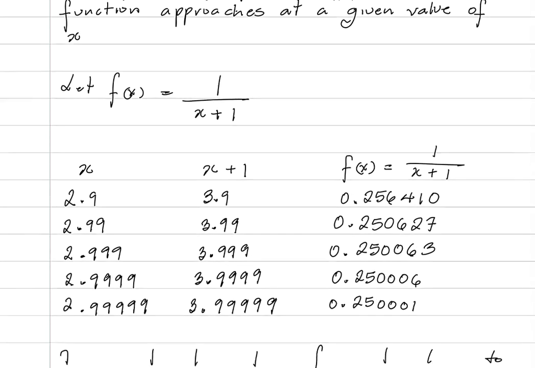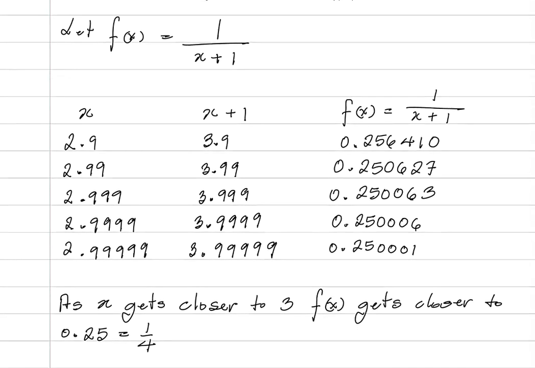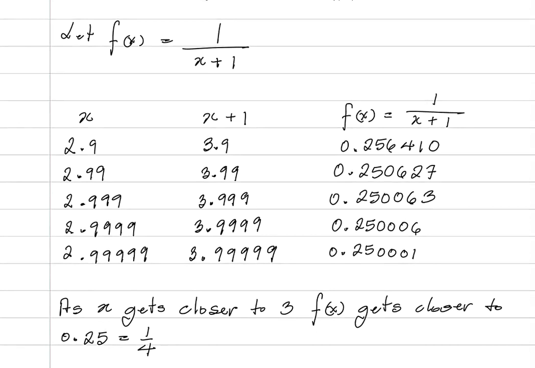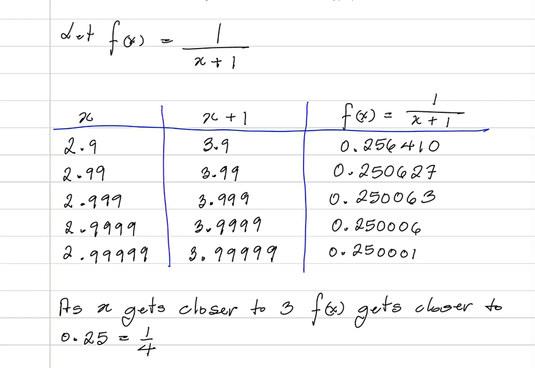All right, let's have a look at the function f of x is equal to 1 over x plus 1, and let us see what happens the closer x gets to 3. At the top here we have x, and we have the function f of x, which is 1 over x plus 1.